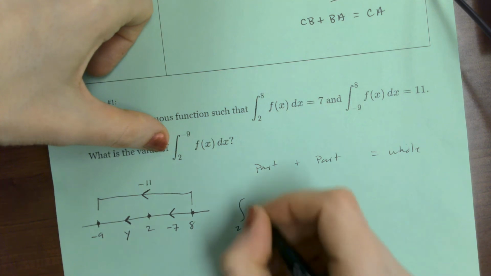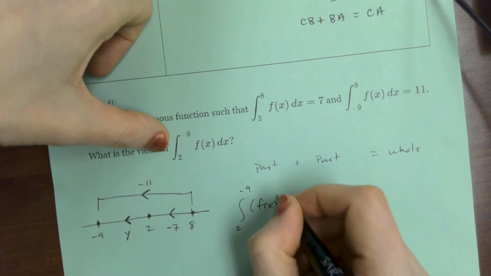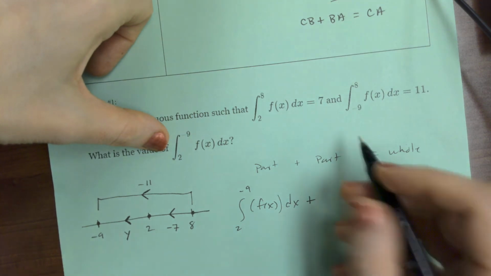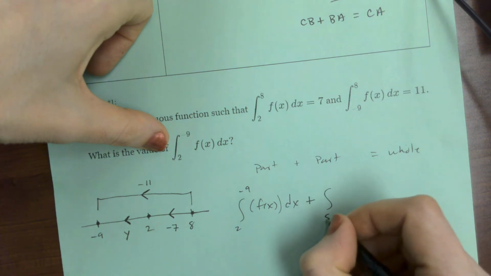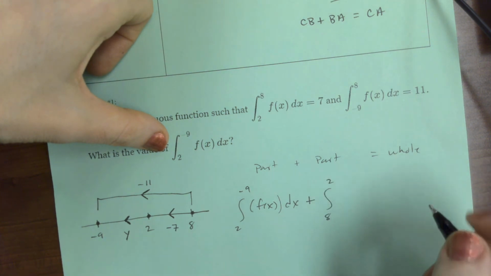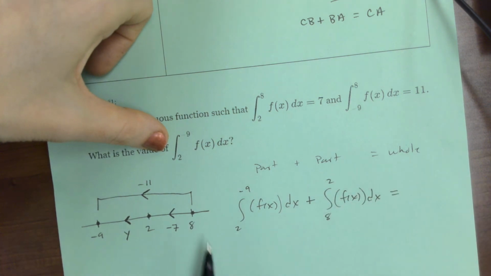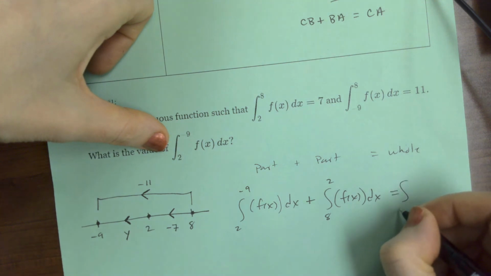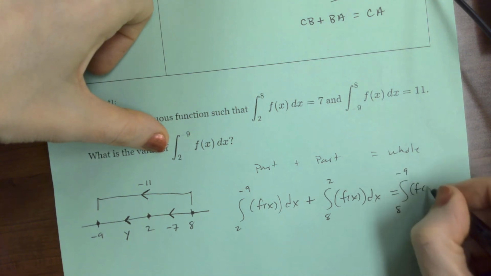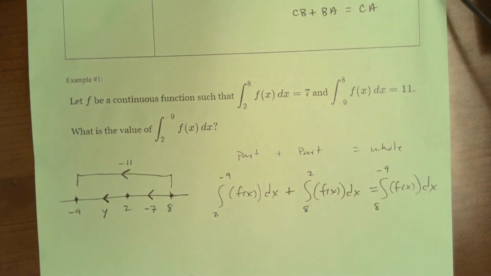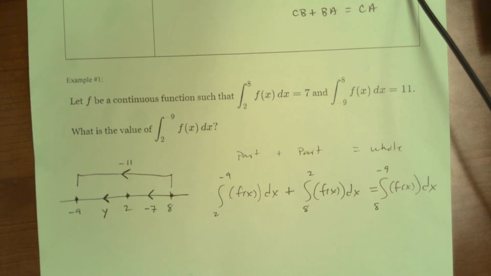So the integral from 2 to -9 of f of x dx plus the other part, the integral from 8 to 2 of f of x dx, is going to be equal to the whole thing, which is the integral from 8 to -9. Okay, so I'm setting up the problem with proper notation.